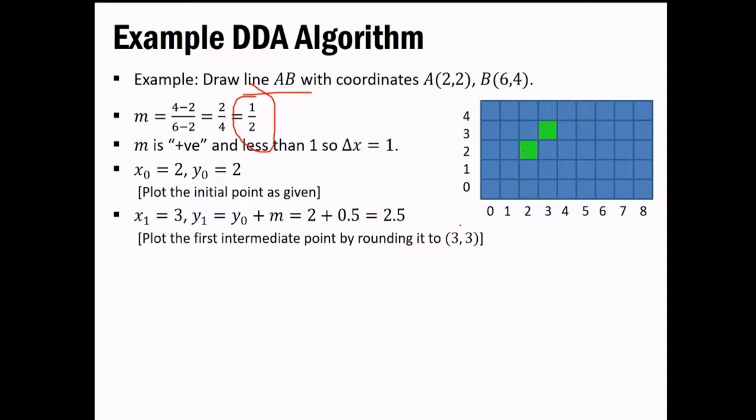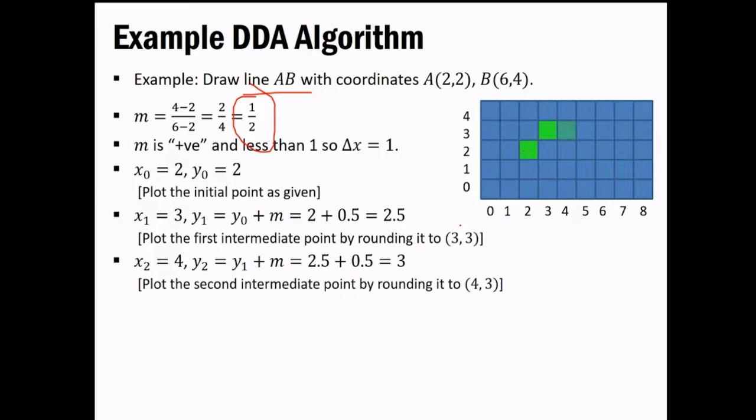Now again we have to proceed further. The next iteration would be incrementing the x value by 1, that is 4, and then again you use the same formula, that is y2 equal to y1 plus m. Keep this in mind: we are considering y1, not any other value. So y1 is 2.5.